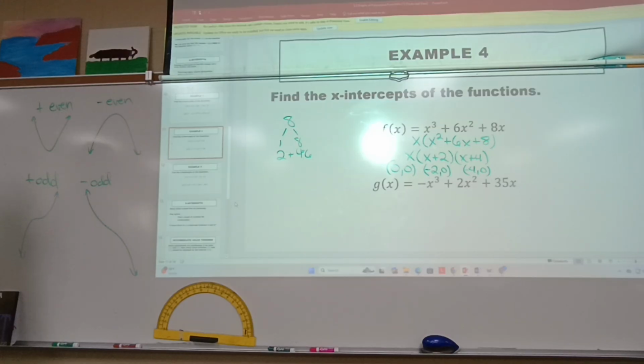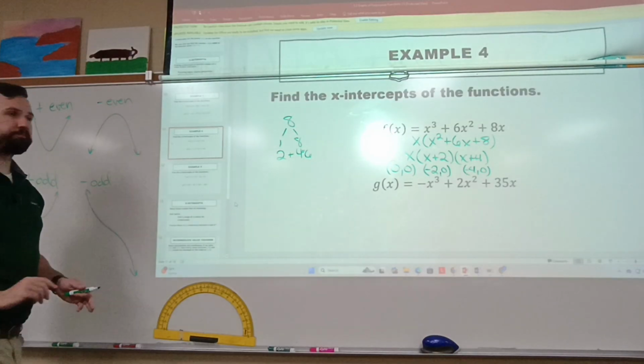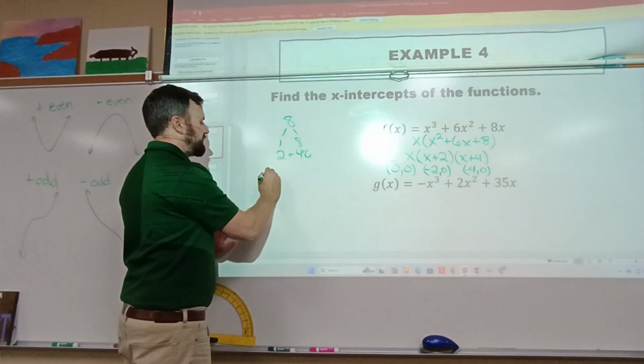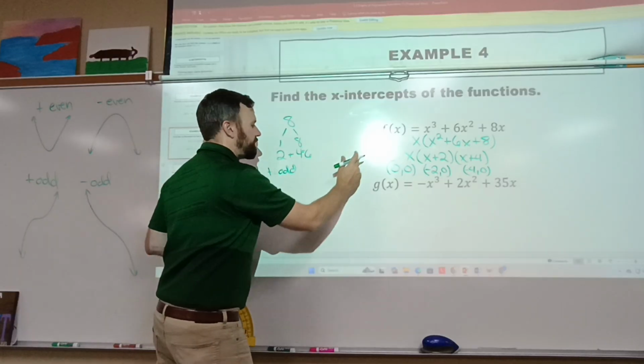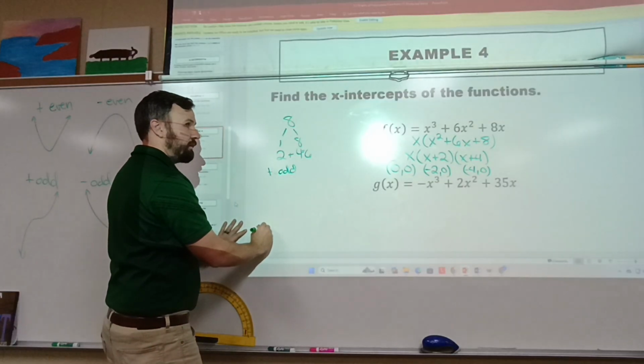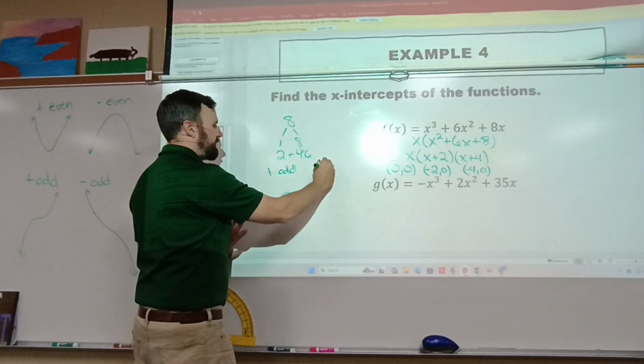Is that almost enough, just as a side note, to graph this function? This is bonus. If this is a positive odd function, I know I start down here, and then I'm going to go do something like that, right?